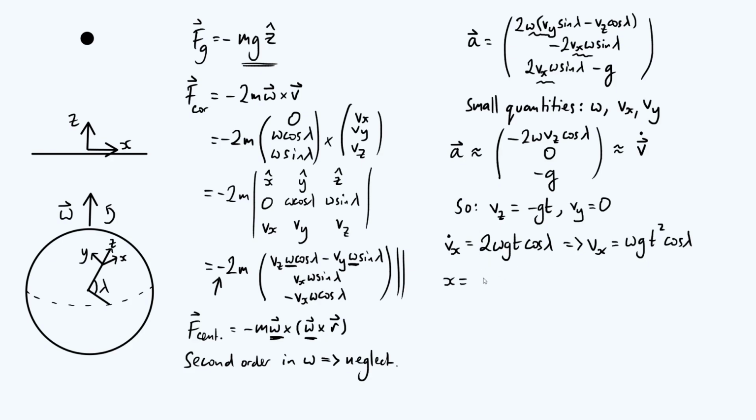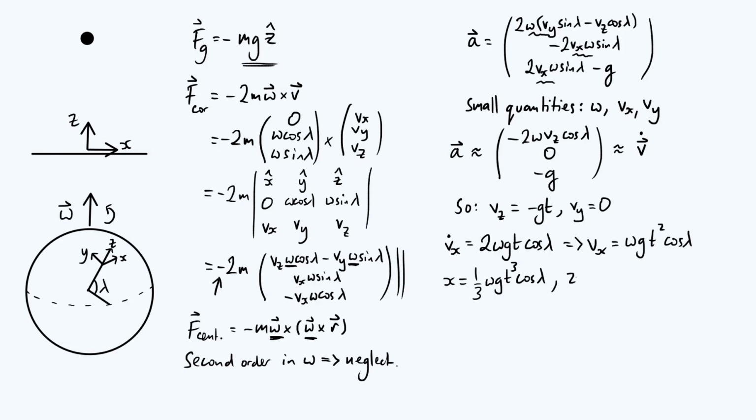So x is going to be 1/3 omega gt cubed cos lambda. Again, if we place our coordinate system's origin directly below where the ball starts, then it starts at x equals 0, and so the constant of integration is going to be 0. So that's our x.